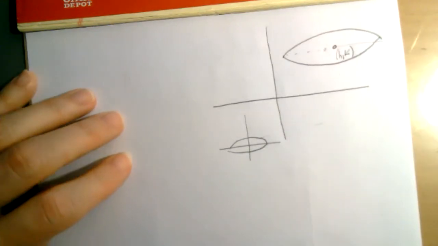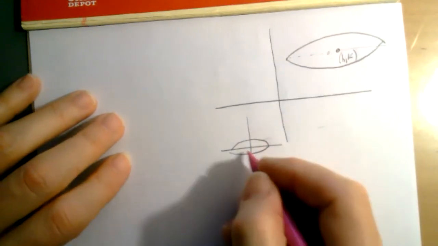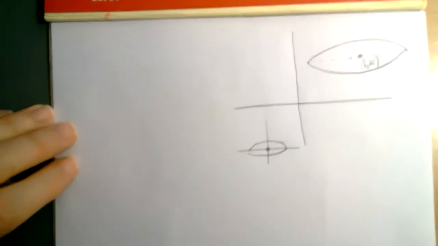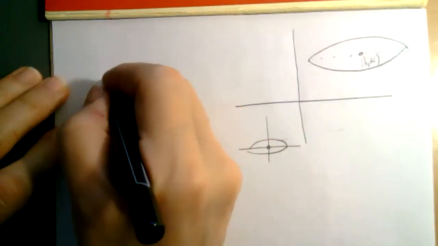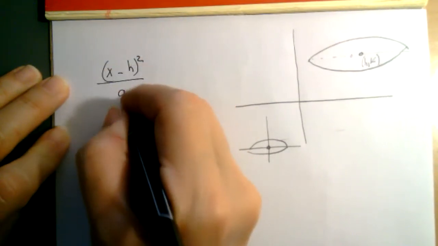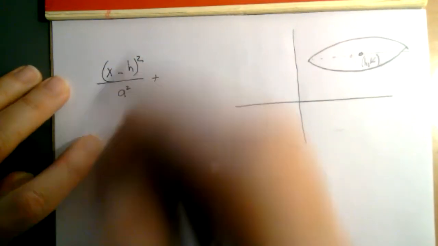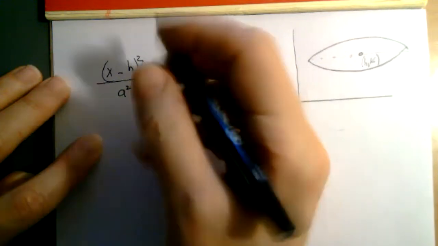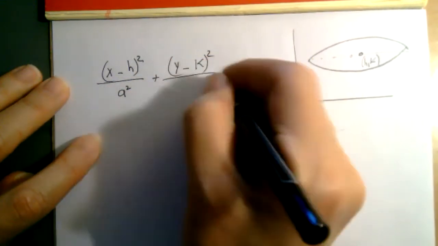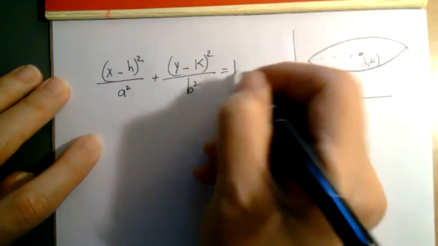And of course, the equation right now is not the other equation, but it's fairly similar. When you shift an ellipse, the equation will become (x minus h) squared over a squared, so instead of x you will have x minus h, plus (y minus k) squared over b squared, equal to 1.